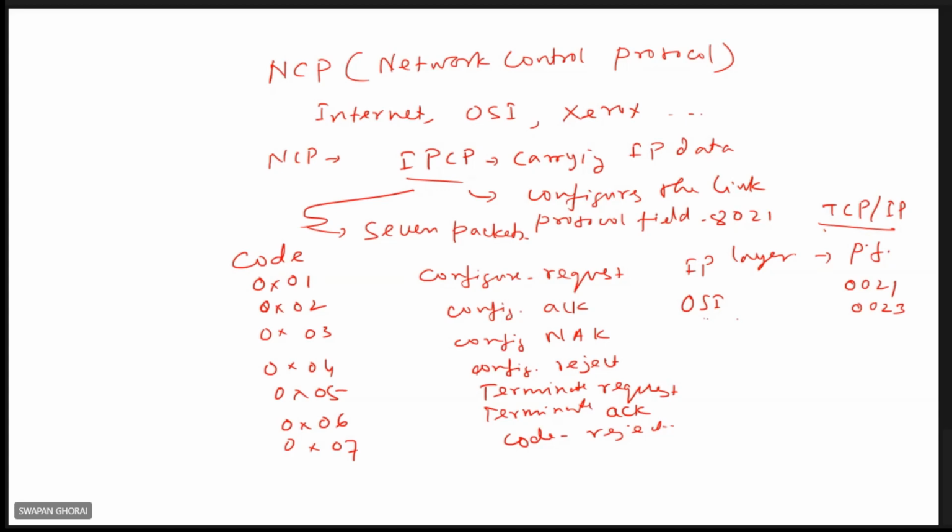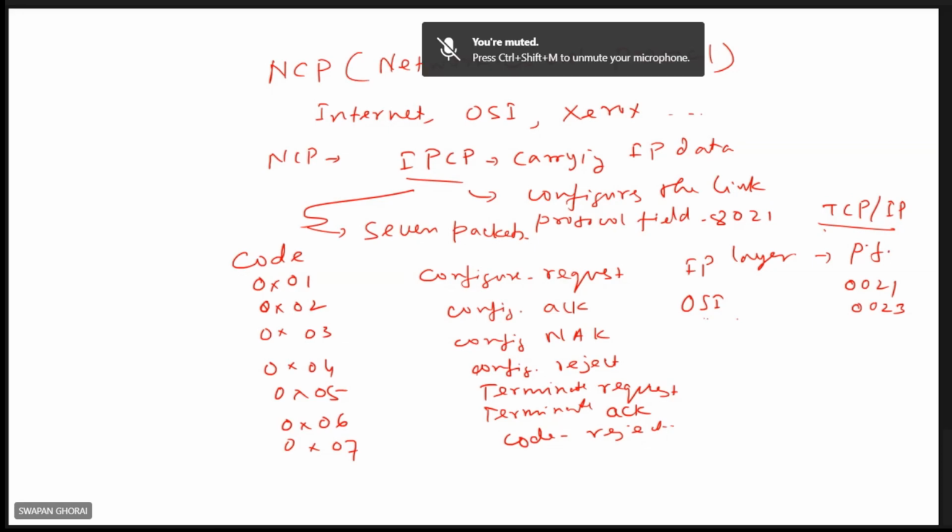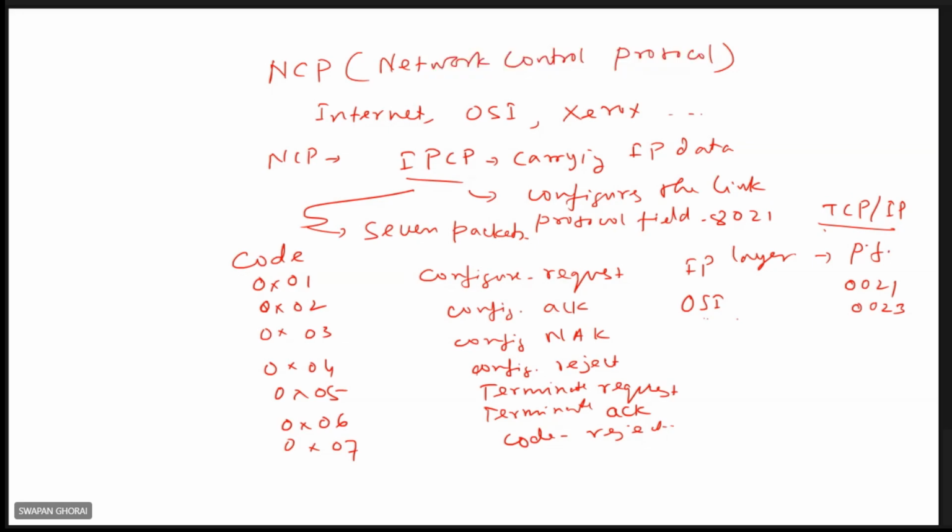So this is your PPP protocol. We have discussed in details SDLC protocols and PPP protocols. Other protocols you'll see in the last module when we discuss the internet protocols in details, that is under TCP/IP, and it will be more clear.